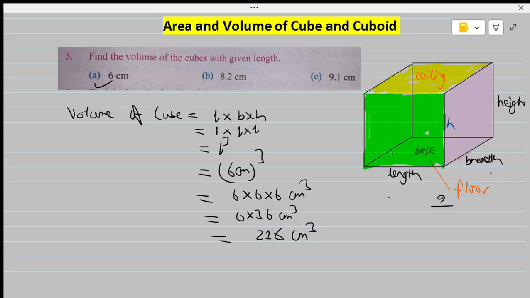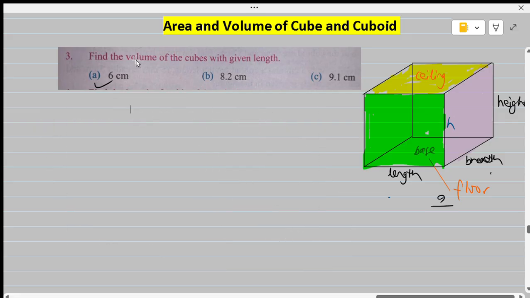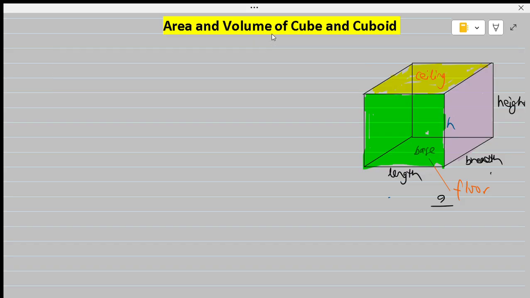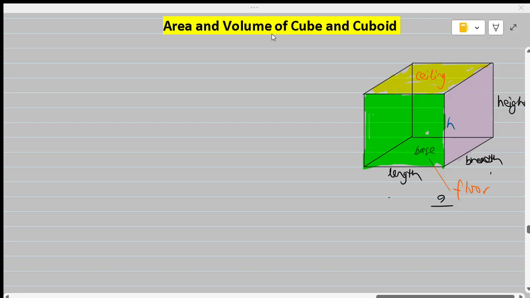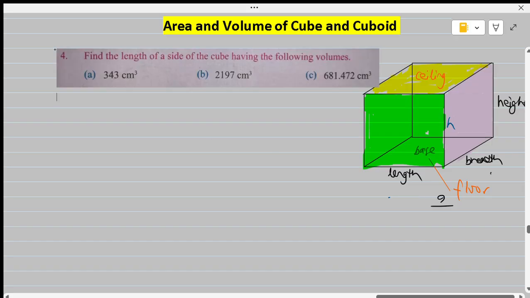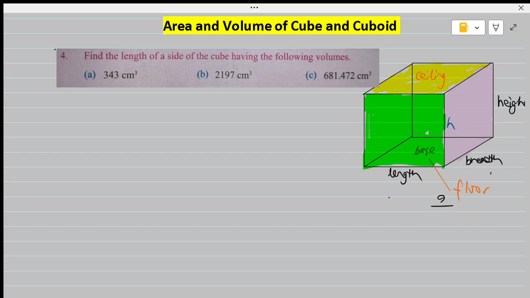So I'm going with number 4 now. Okay, in this number 4, let's say D, C: find the length of the side of the cube having the following volumes.